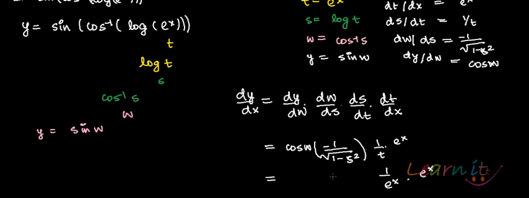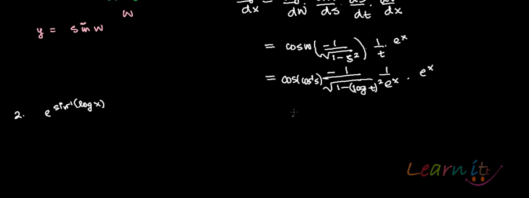Okay. Here, in place of s, you can write log of t, minus root of 1 minus log of t square. And in place of cos w, you can write cos of inverse s. Okay, let me simplify it more.